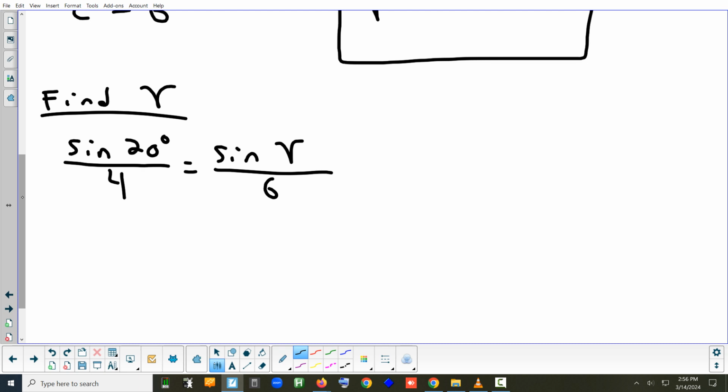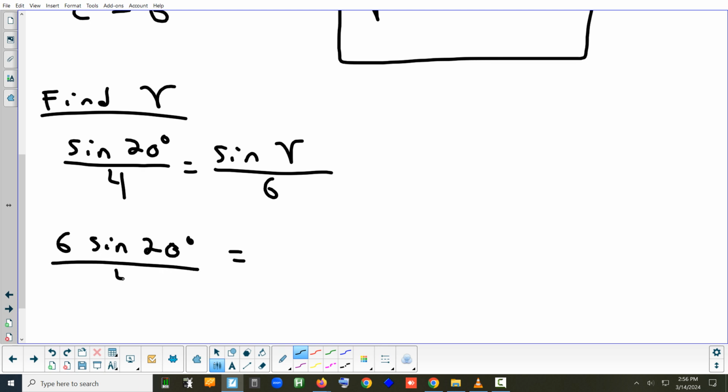What do we have to multiply both sides by? Well, we're just trying to get sine gamma by itself, so we don't really need to cross multiply. I would just multiply each side by 6.